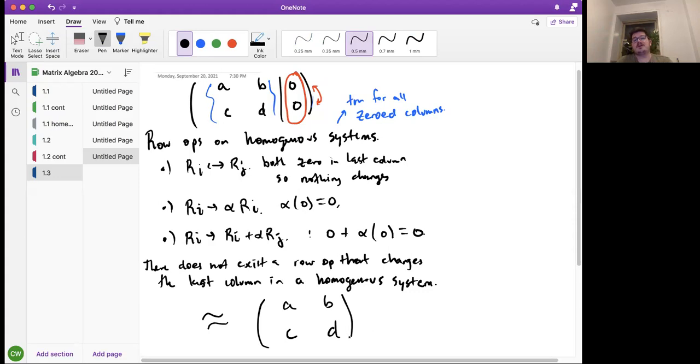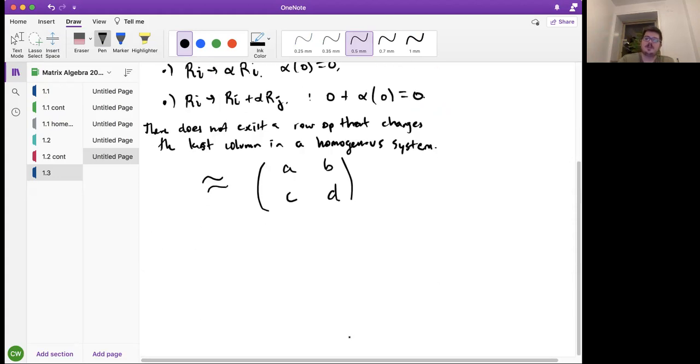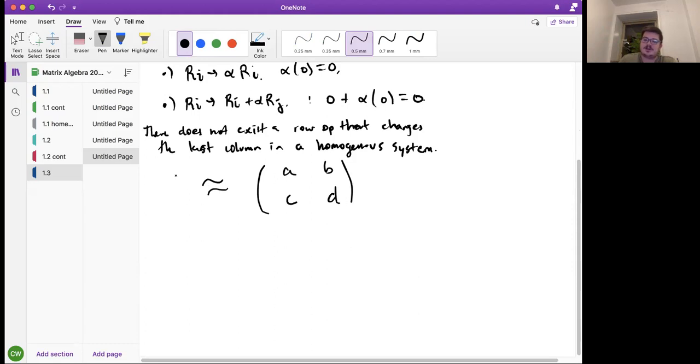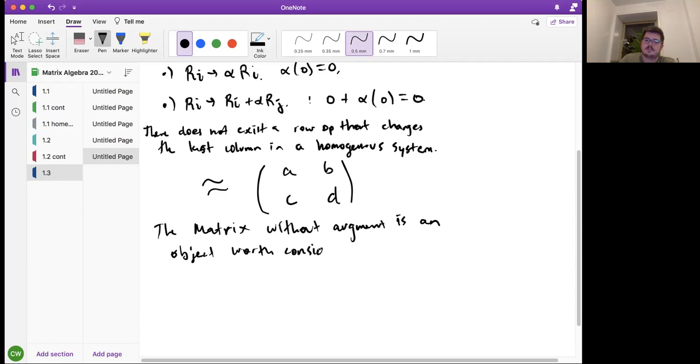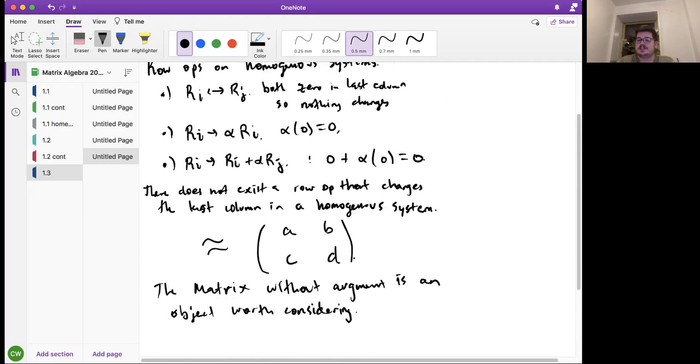So when talking about homogeneous systems, maybe the matrix without an augment is an object worth considering. It can represent the linear system of a homogeneous system.